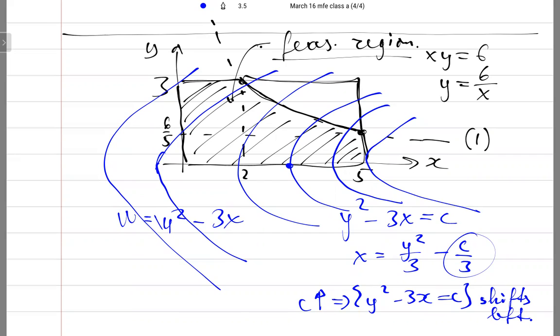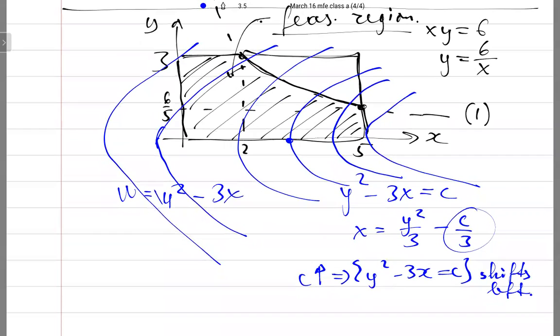So basically, I can find two extrema. One will be the maximum c, the last moment when my level curve touches the feasible boot. So I have 2 points.